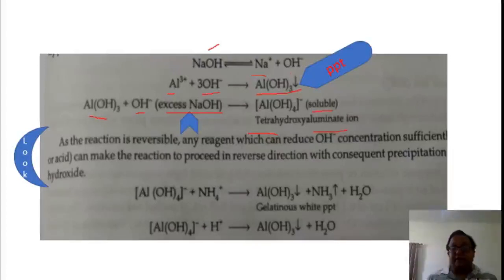That is the reason that if we add excess sodium hydroxide, the precipitate redissolves. Now as soon as we add ammonium ion, the gelatinous white precipitate reappears. Why is it happening? Because the reaction proceeds in the reverse direction.